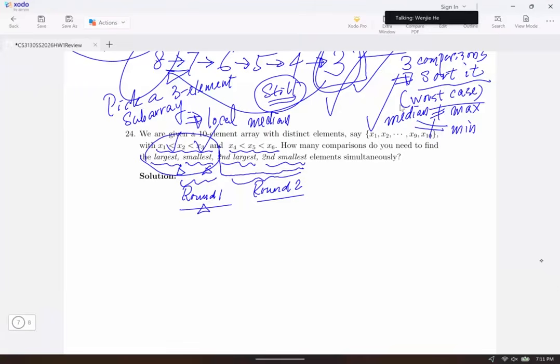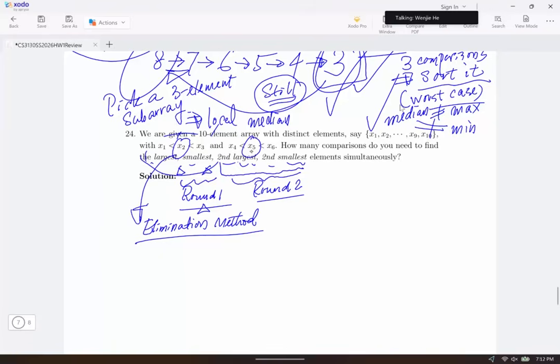Largest and smallest. For this part, we need to apply our elimination method. So look at the condition. X2 and X5 can be eliminated, right?